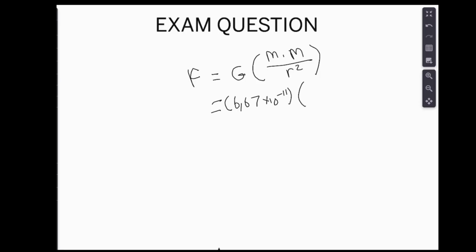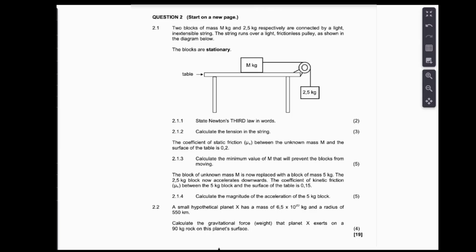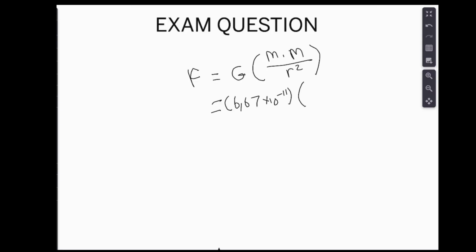Multiplied by the first mass, which he gave us: 6.5 times 10 to the 20, and 90 kgs.